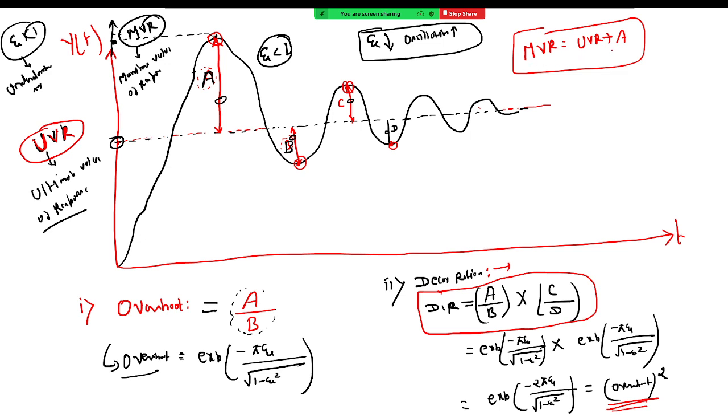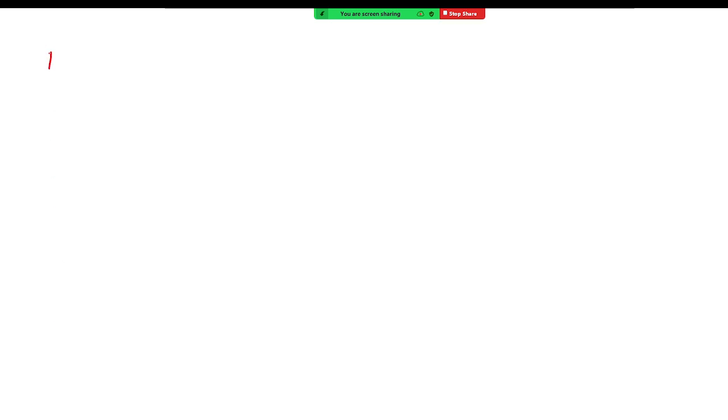These are some parameters that you need to understand whenever you solve this particular problem. Any doubt?